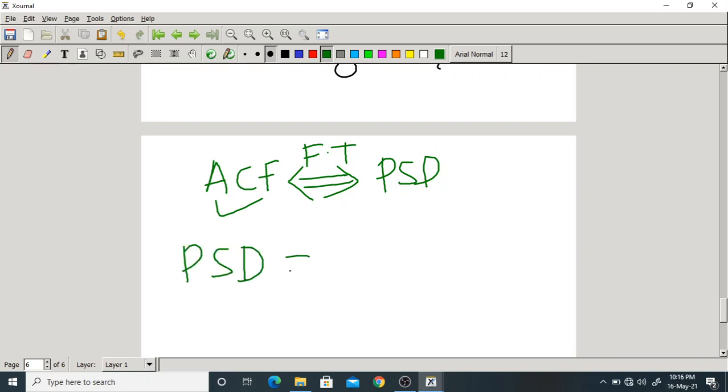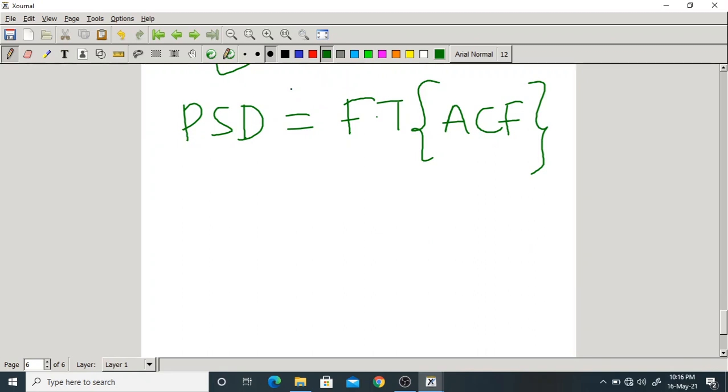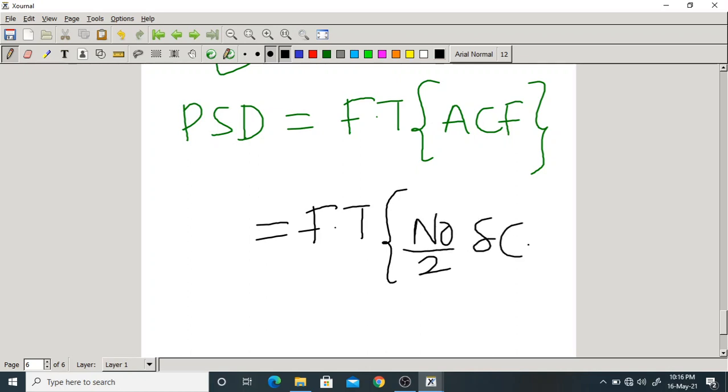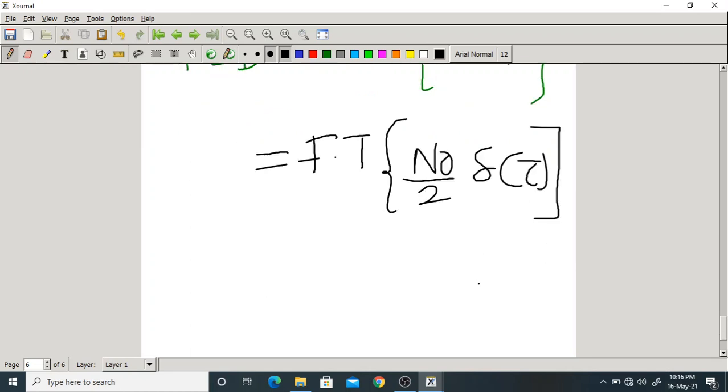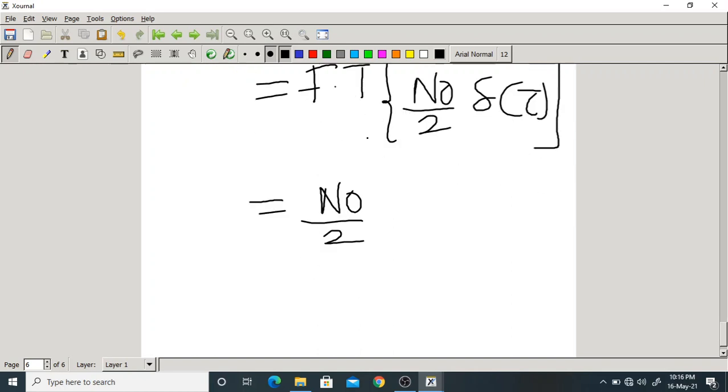PSD is the Fourier transform of the ACF. That is, what is the Fourier transform of N naught by 2 into delta of tau? N naught by 2 is a constant. The Fourier transform of delta of tau is 1. So we get N naught by 2. This is the PSD.